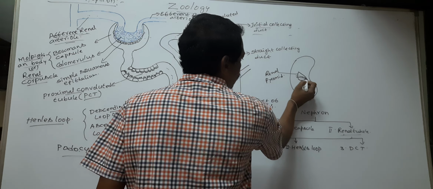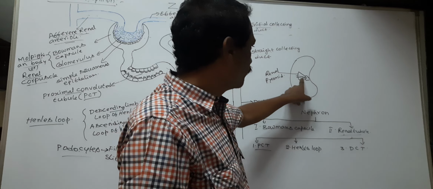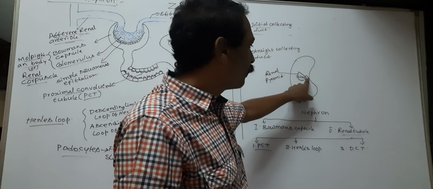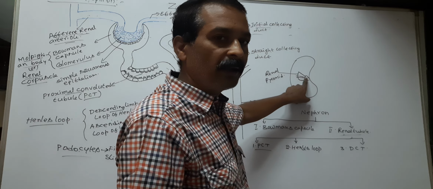Next, the duct of Bellini opens into the pelvis of the kidney through calyces, or calyx, on the renal papillae. So here the duct of Bellini opens into cup-like structures called calyces on the renal papillae.